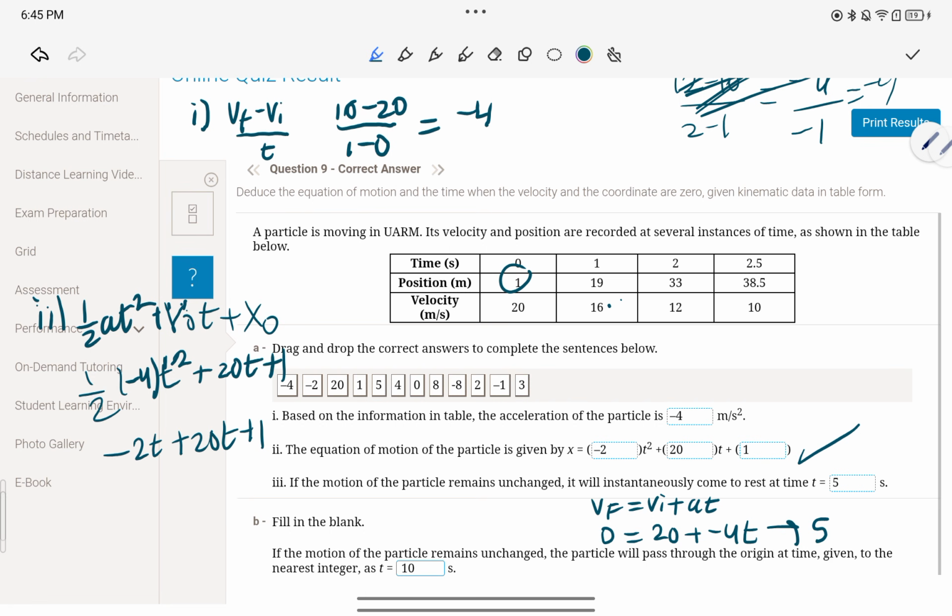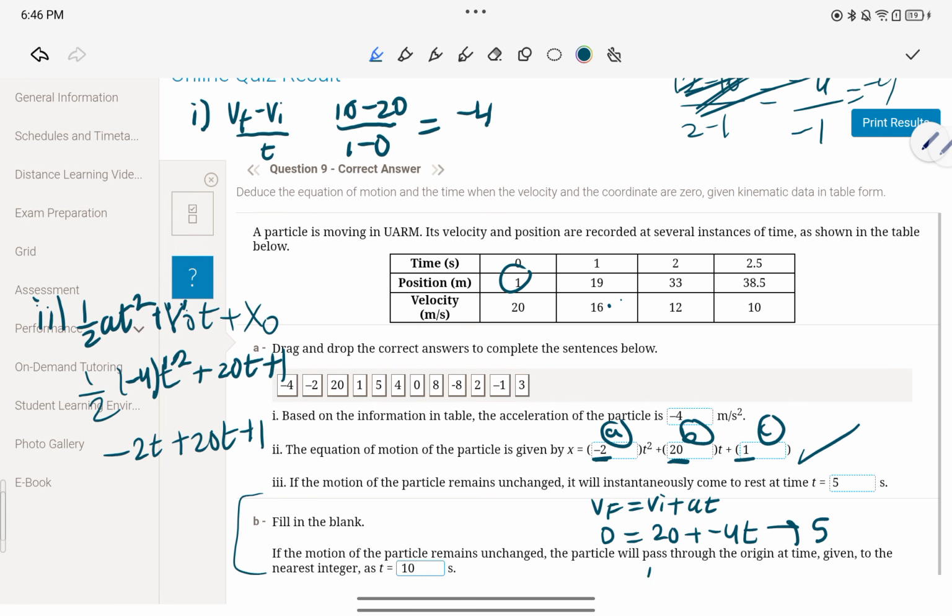Now this question is the same as what we did before. You go all the way back to part II. You will do mod 5, 3. In A you put -2, in B you put 20, in C you put 1. So -2, 20, and 1.